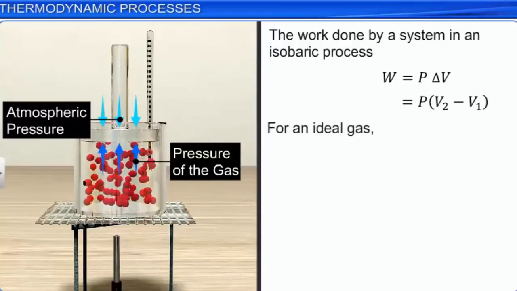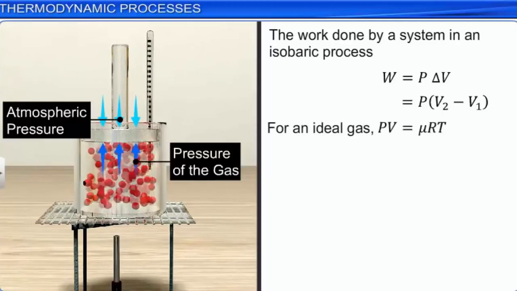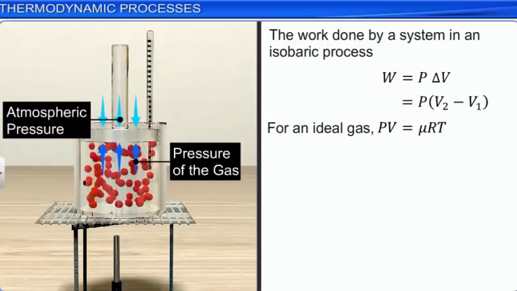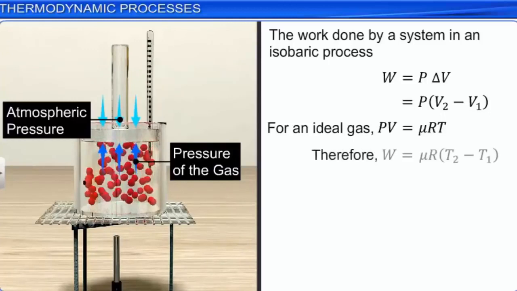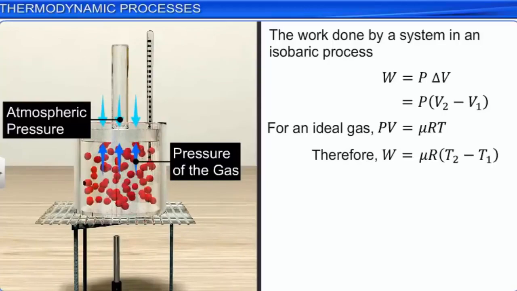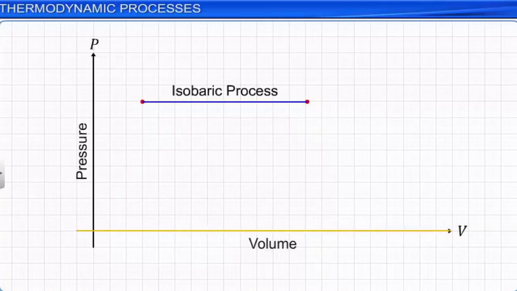If the system is an ideal gas, then PV is equal to mu RT. Then the work done by an ideal gas in an isobaric process is W is equal to mu R into T2 minus T1. The PV curve for an isobaric process is a straight line parallel to the axis representing the volume of the system.